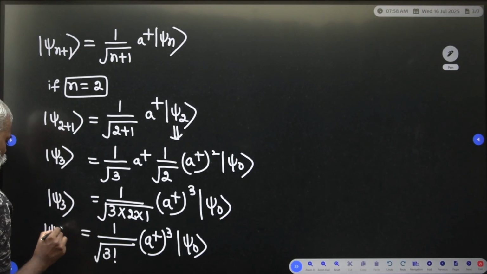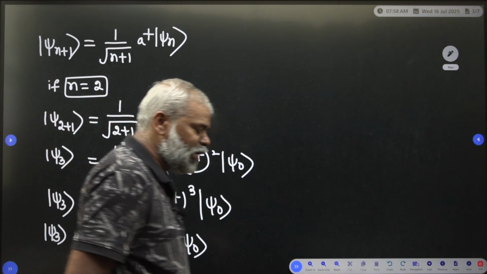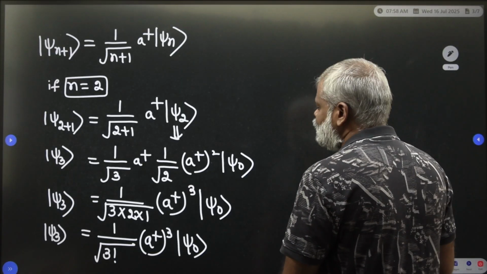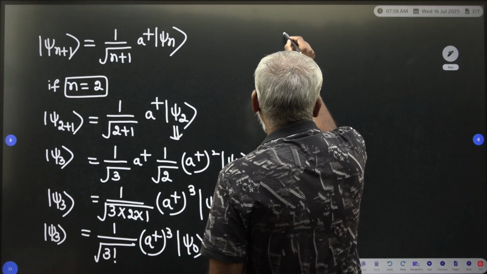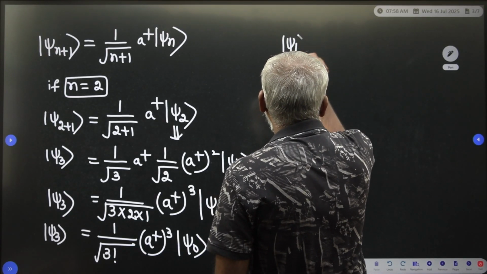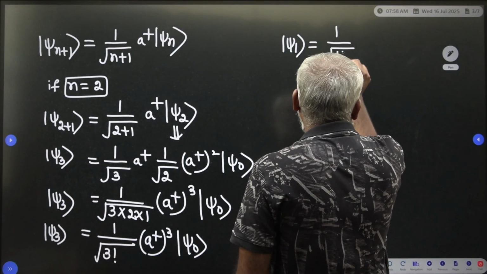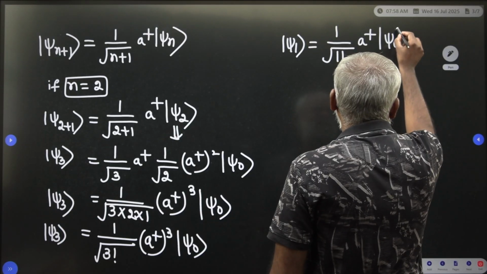Ket psi 3 is equal to 1 by root 3 factorial into a dagger whole cube into ket psi 0, and so on. First, ket psi 1 is equal to 1 by square root of 1 factorial into a dagger into ket psi 0.